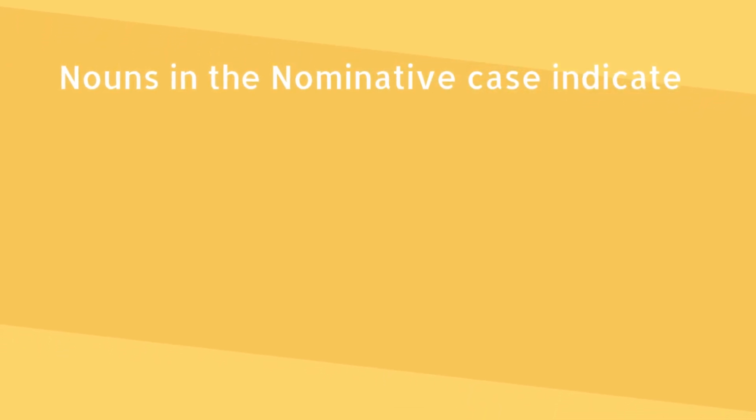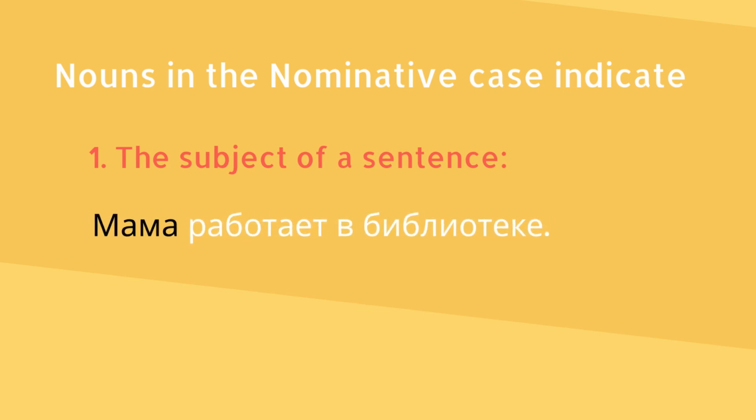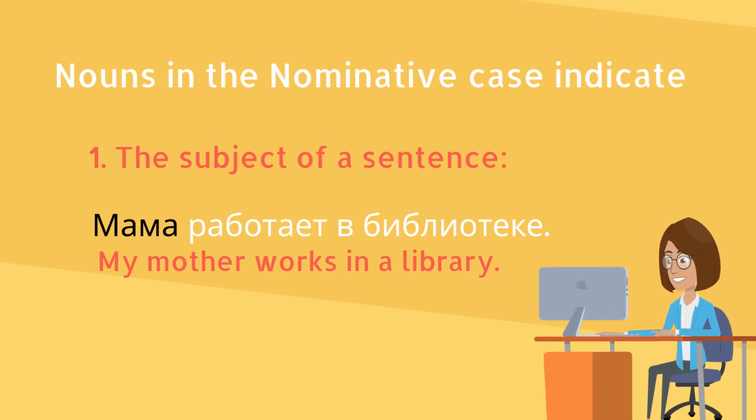Nouns in the nominative case indicate the subject of a sentence. Мама работает в библиотеке. My mother works in a library. Мама is a subject of a sentence in the nominative case.